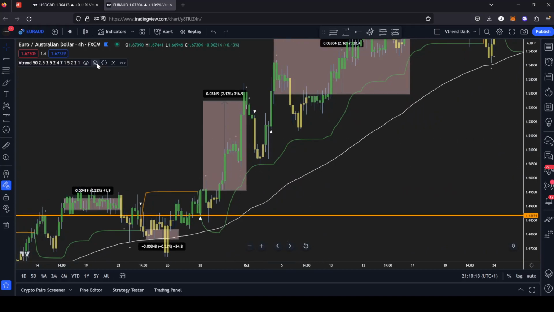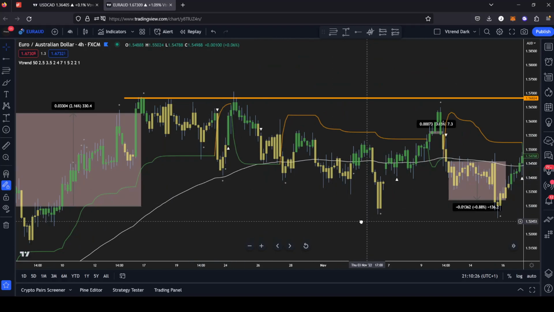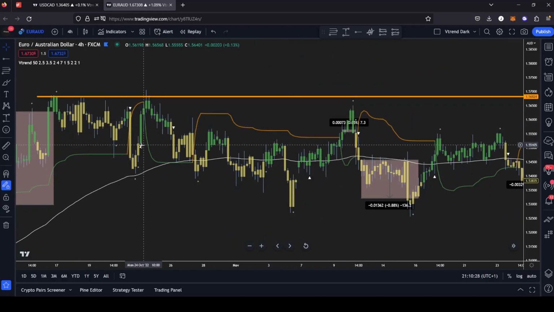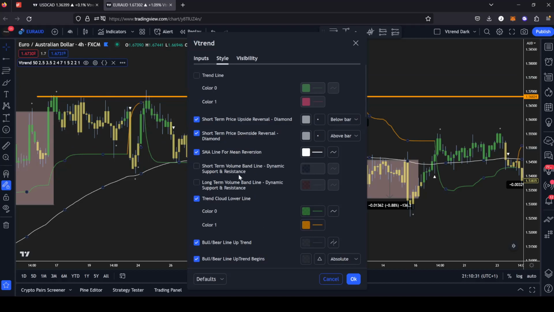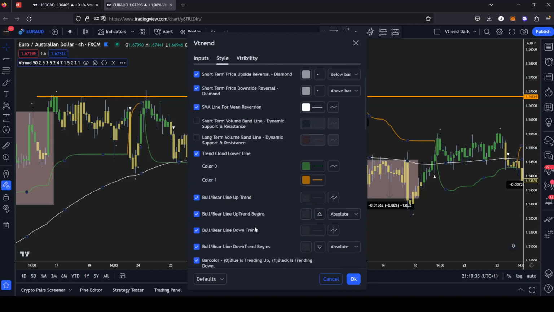So using the trend cloud lower line, in this case, gives a little bit of context to the signals we're getting, but that have default tuning in the back end.